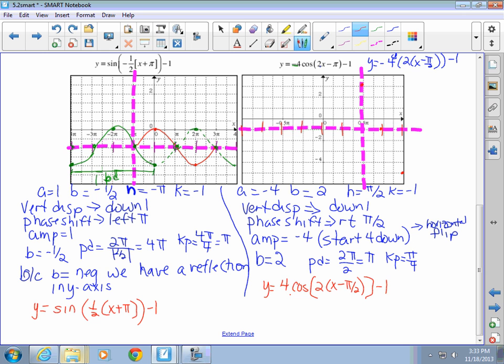But that's not going to give me a full cycle. So I have to go the other way and finish it off. So I'd be back to 0, and then this key point would be down 4, not to -4, but down 4 from there.